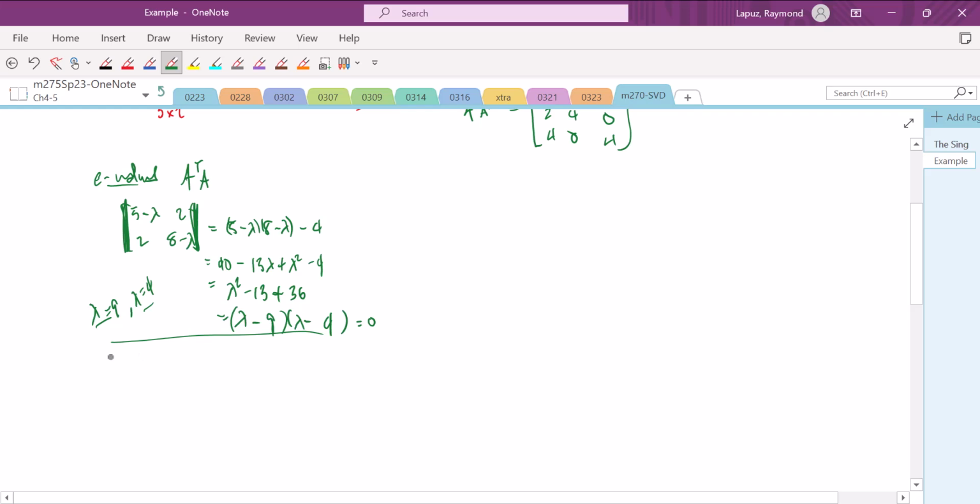So when lambda is equal to 9, our matrix is going to be 5 minus 9, which is negative 4, 2, 2, and then 8 minus 9 is negative 1. So we're expecting this to have non-trivial homogeneous results.